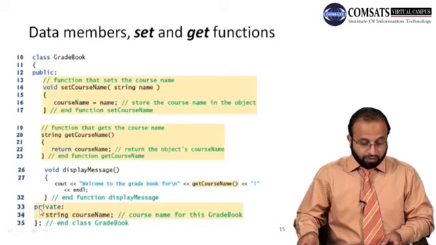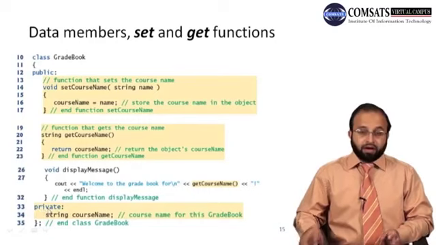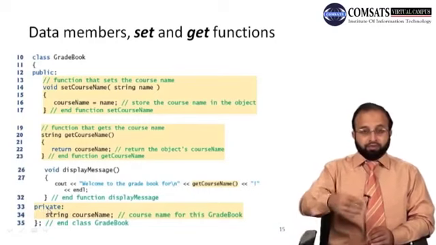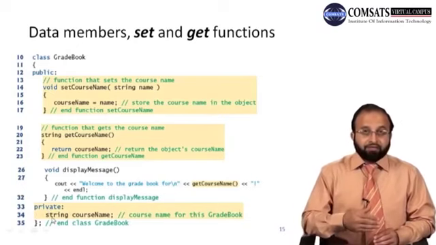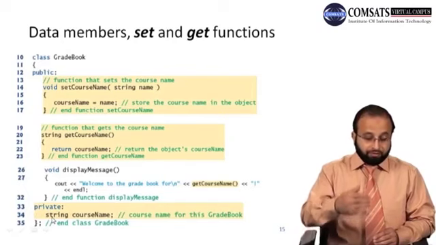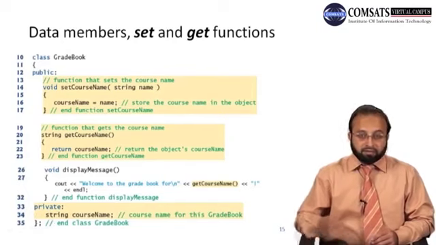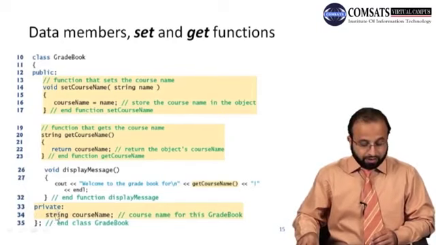You can write the private data member over here after the public, or you can write it before the public, it doesn't matter, right? So in the previous example we have all the private data members before the public. So the private data member is an object whose type is string, the name of the object is course name.